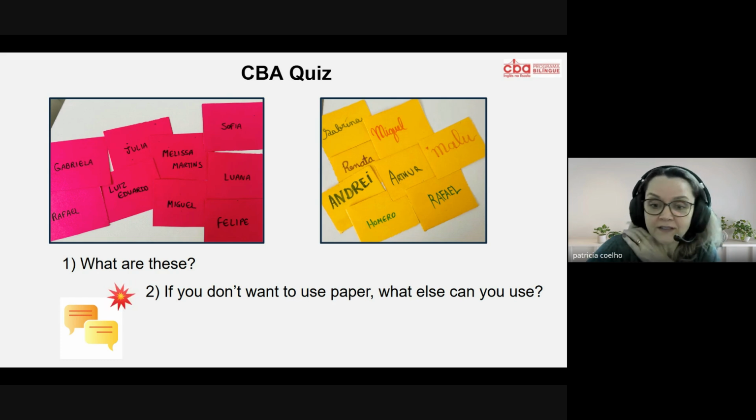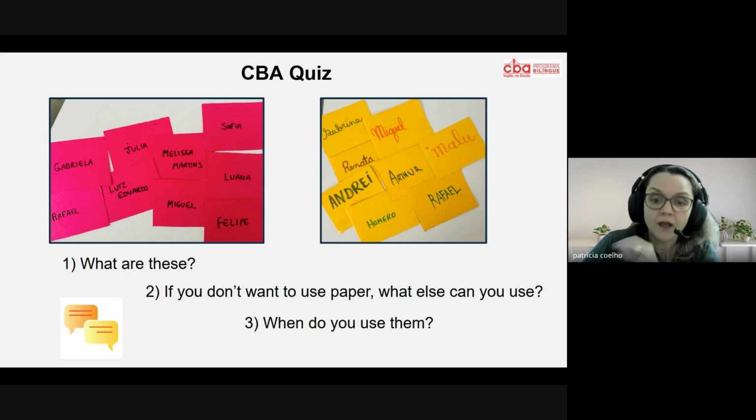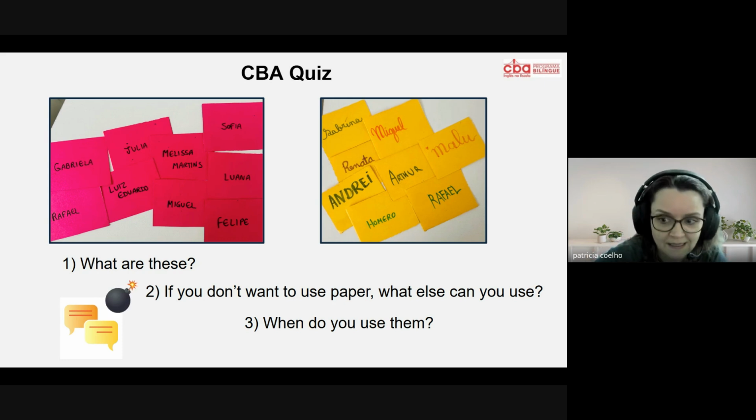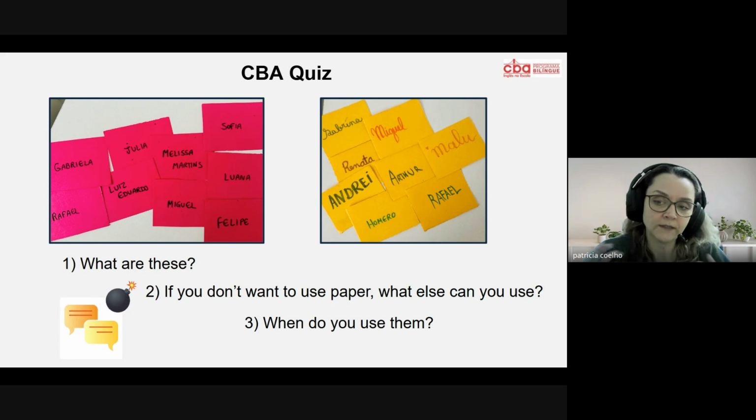Okay. Third and last question. When do you use name cards or popsicle sticks? I'm going to give you a little more time for that for you to elaborate better. When do you use name cards or popsicle sticks?